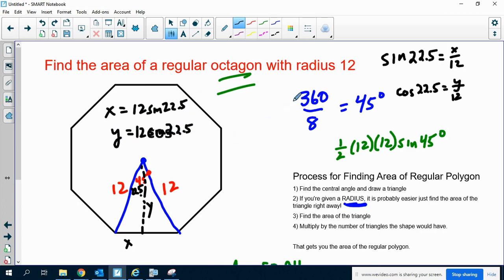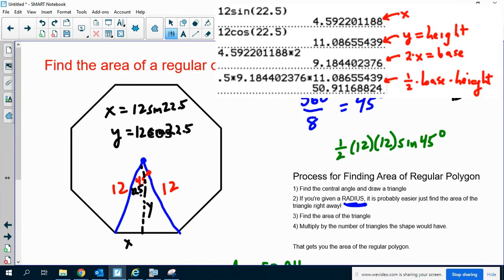And then I'm going to show you on the screen right over here that when I type these things in, and I get x and y, and then I do 1/2 times, well, then I need to multiply x by 2 to get b. So I get 1/2 times y and b. Y is the height, b is the base.